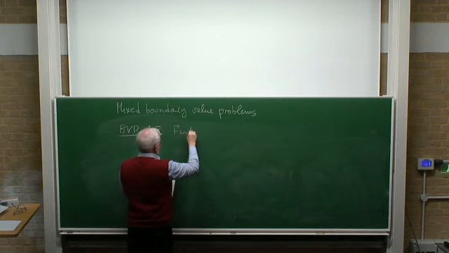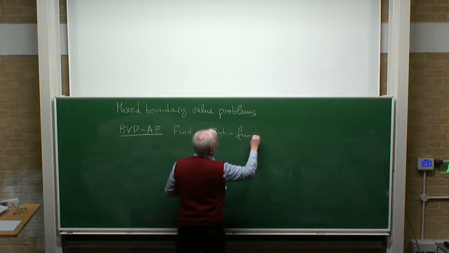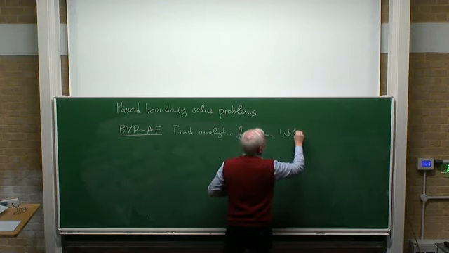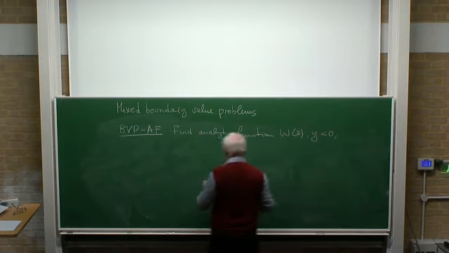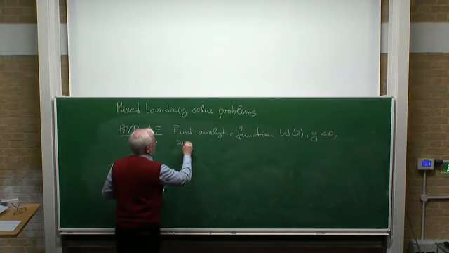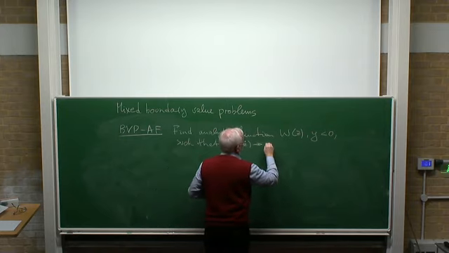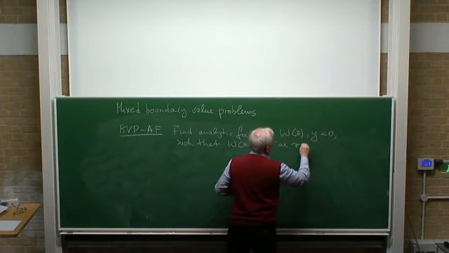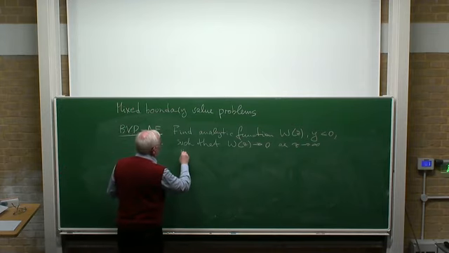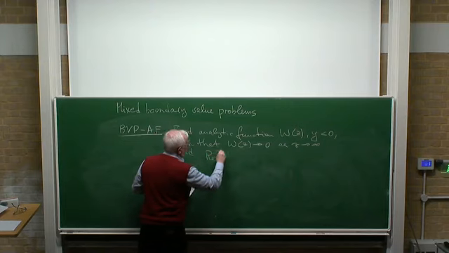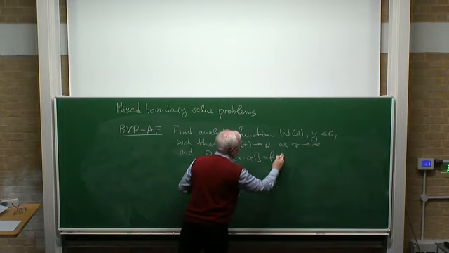Find an analytic function w of z in the lower half plane such that w of z tends to 0 as z tends to infinity, so at infinity the function decays, and the real part of w at x minus i0 is equal to f of x.